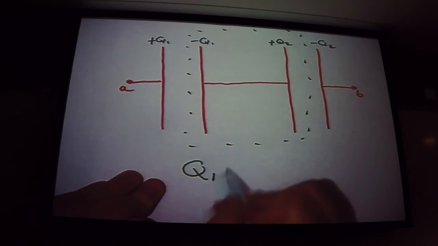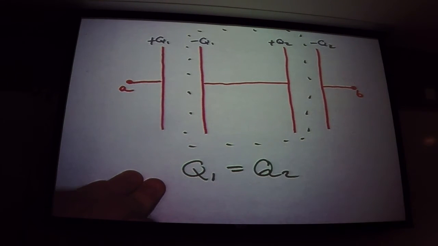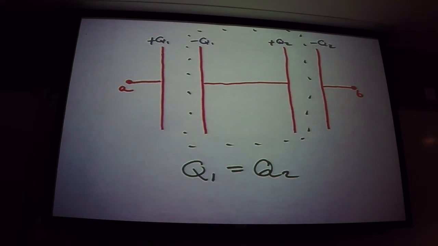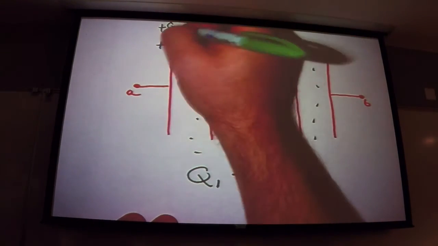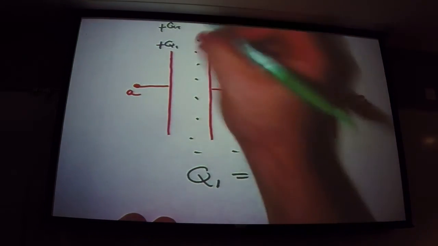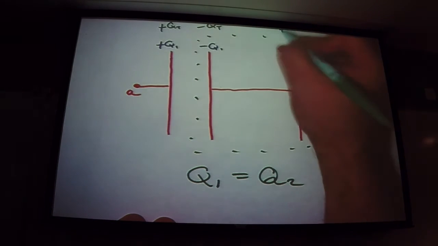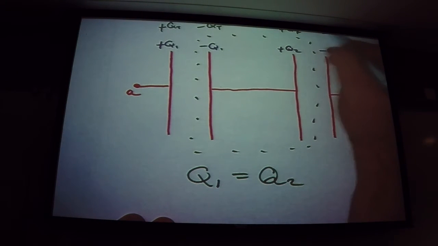Q1 must equal Q2. If you look at the charge that's stored, I'll put a little T for total: minus Q total, plus Q total, and minus Q total.